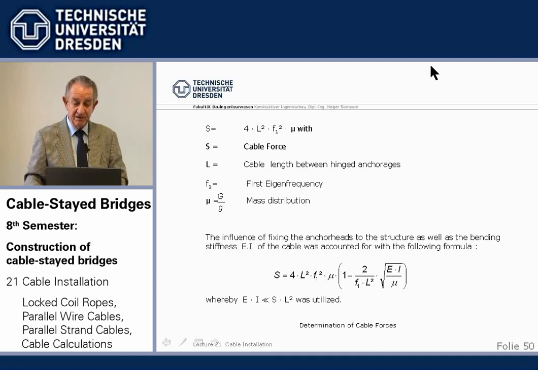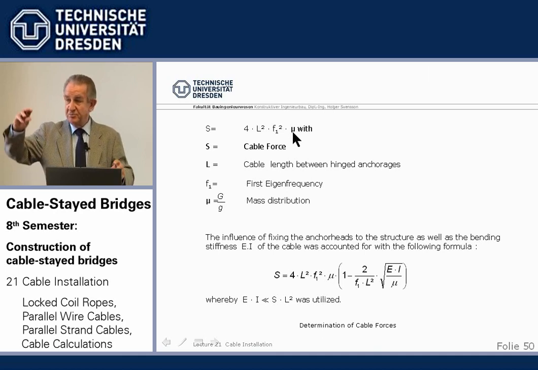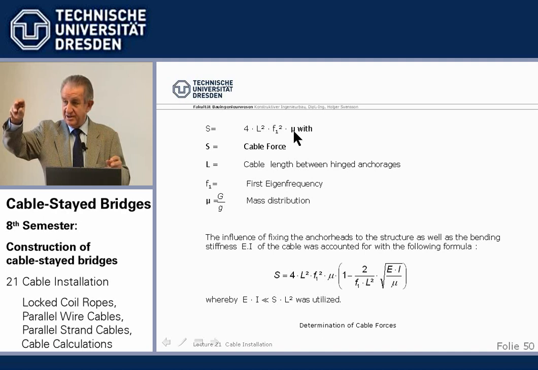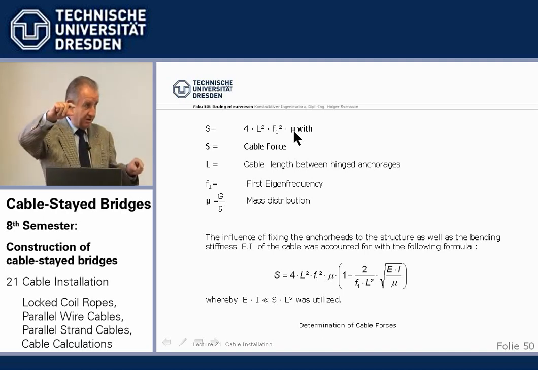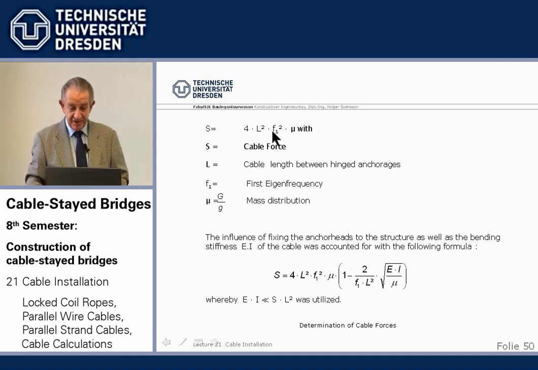And now the German meticulous people then say, oh, well, yes, this formula assumes a hinged connection and a cable with no bending stiffness. In actual fact, we are fixed and there's no hinge. Okay, if we take that into account, then this little formula gets a little bit more complicated. Still not correct. There is no correct solution, but approximation.